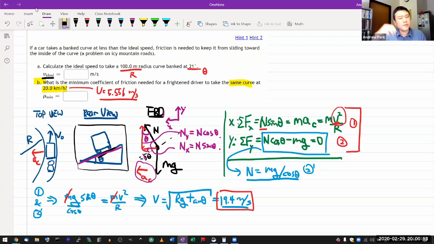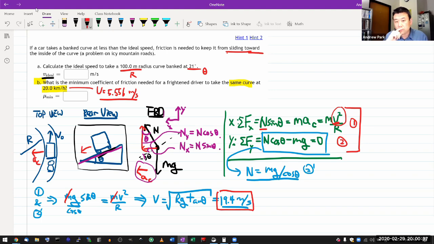So the driver will tend to slide inward. The question actually said as much, sliding towards the inside of the curve. So without friction, the car will slide along. So it always had the horizontal component. It'll now have the vertical component of acceleration as well.